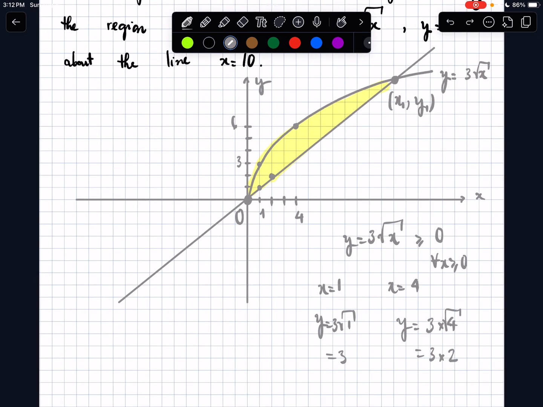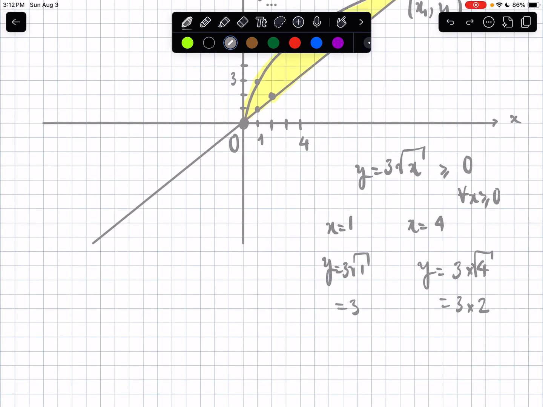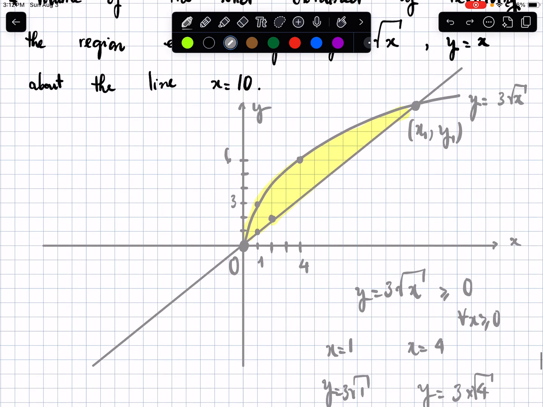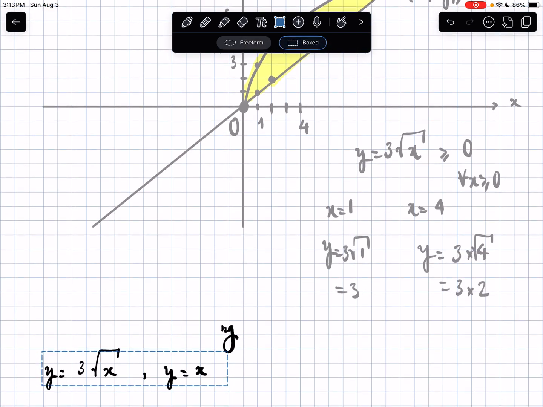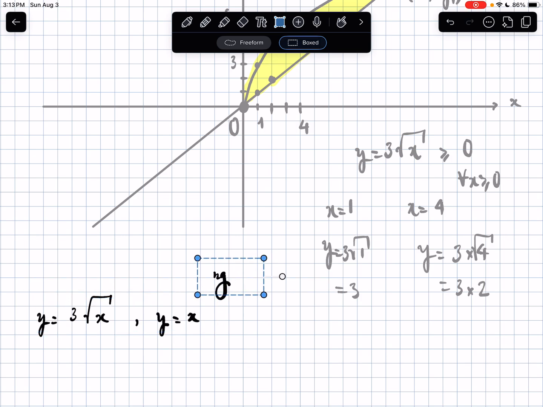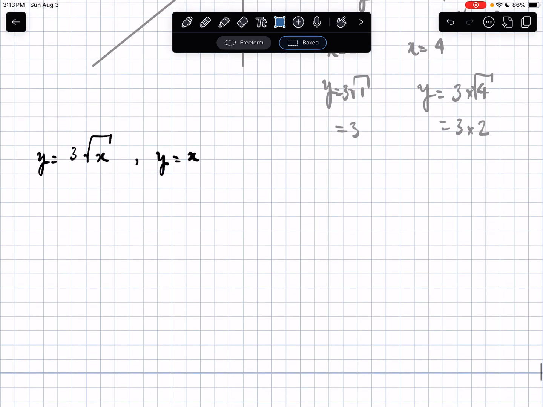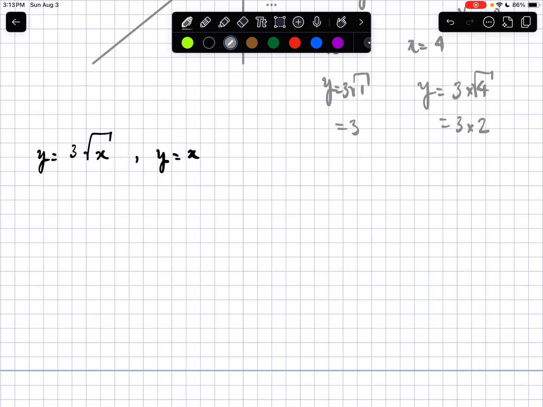The other intersection point can be determined from the equations of the two curves, y equal to 3 times square root of x and y equal to x. So we have 3 times square root of x equal to x.